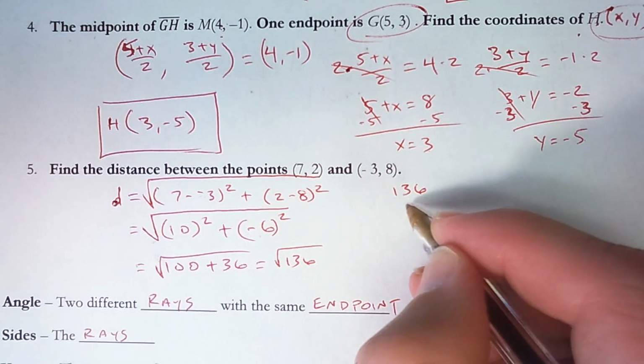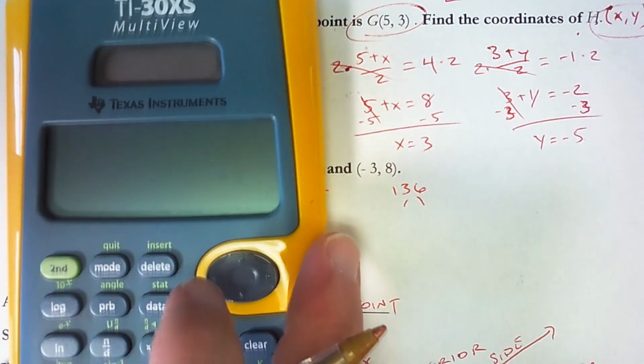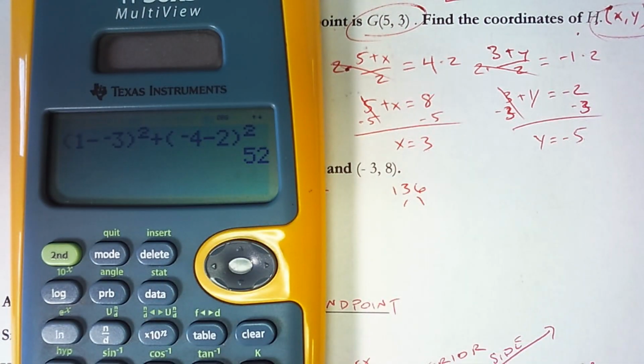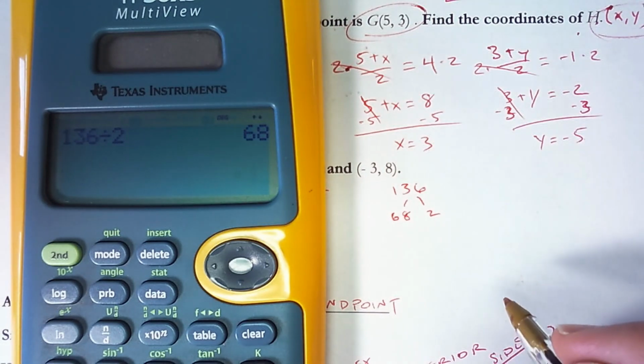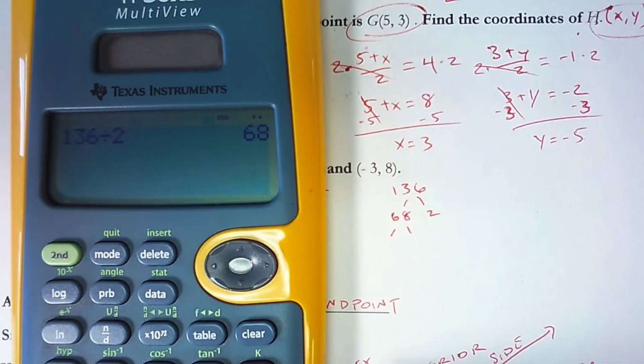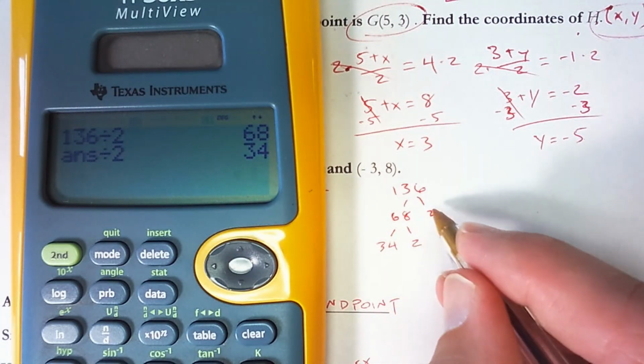Let's do a factor tree for that. 136. Okay, so 136, I can try all different kinds of numbers. I know it's even, so let's just use the most obvious. 136 divided by 2 is 68. 68 is also even. You can divide by 2 again. 34 times 2, and there's a pair.